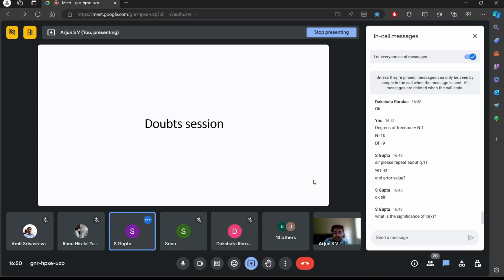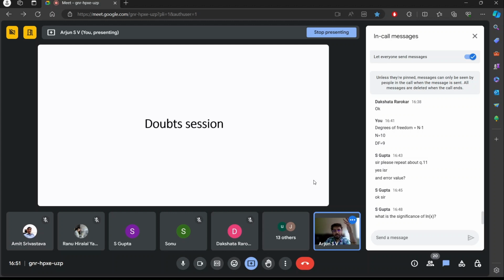So ln is basically 2.303 into log base 10 x, right? Normally your log will be in base 10. So whatever you're taking log of x, that will be in base 10. So if you want to find ln, it will be 2.303 log base 10 of x.